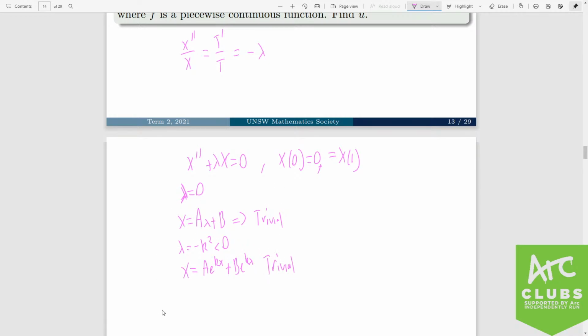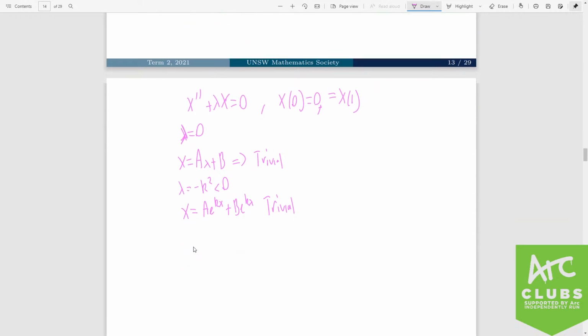When doing this problem, if you've done it a few times, you can expect these two cases to be trivial. However, when doing this in an exam, you should still write it out, because it is part of the process. You need to show that you've checked these cases, that you haven't just pretended that they don't exist. And then our final case is if lambda is positive. So then our solution becomes X equals a cos kx plus b sin kx.